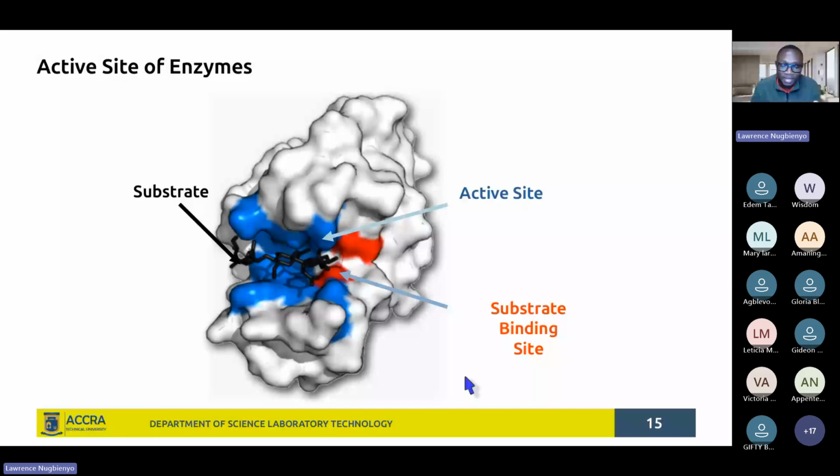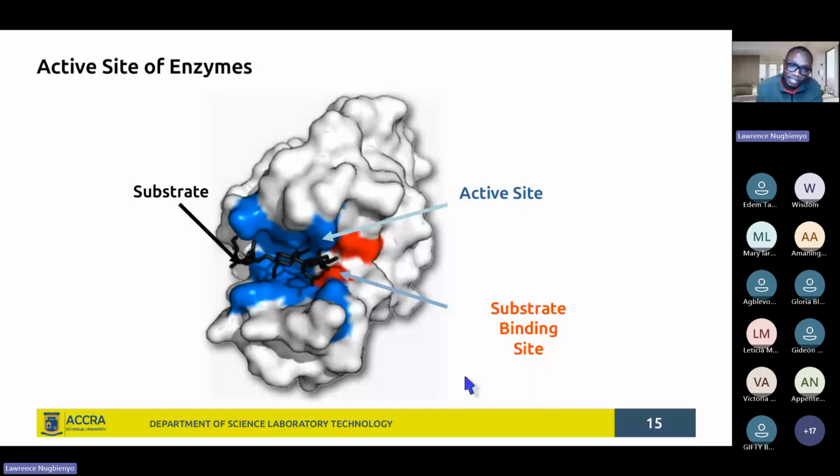And we looked at the primary structure of proteins, which was the sequence of amino acids in the protein chain. So you have some specific amino acids that, when the protein folds, form that active site.